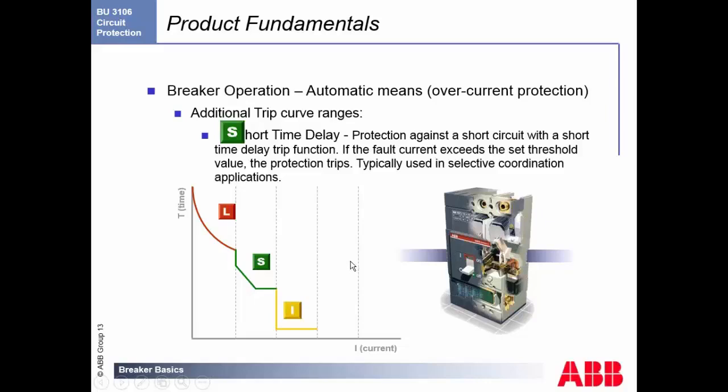It's typically used in the selective coordination applications, and that basically means if you have more than one breaker, so you have a main breaker, and then a branch breaker, and then a feeder breaker down the line, if you select the S breaker at the closest to the service at the longest time, it can absorb a large spike without popping. Then as you get closer to your equipment, you're going to make the time delay a little bit shorter and shorter so that when you do have that fault, it happens quickly at the breaker closest to your equipment.